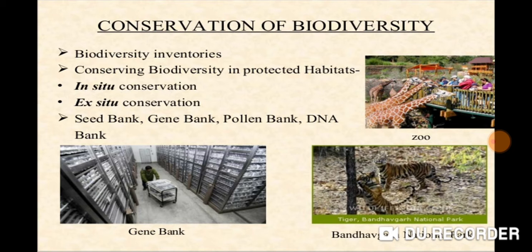Biodiversity inventories. Inventories means a complete list. So we should develop a complete list related to our activities, and before taking a step in disturbing the biodiversity of living organisms, we should develop a list in which we write the positive effects and the negative effects.